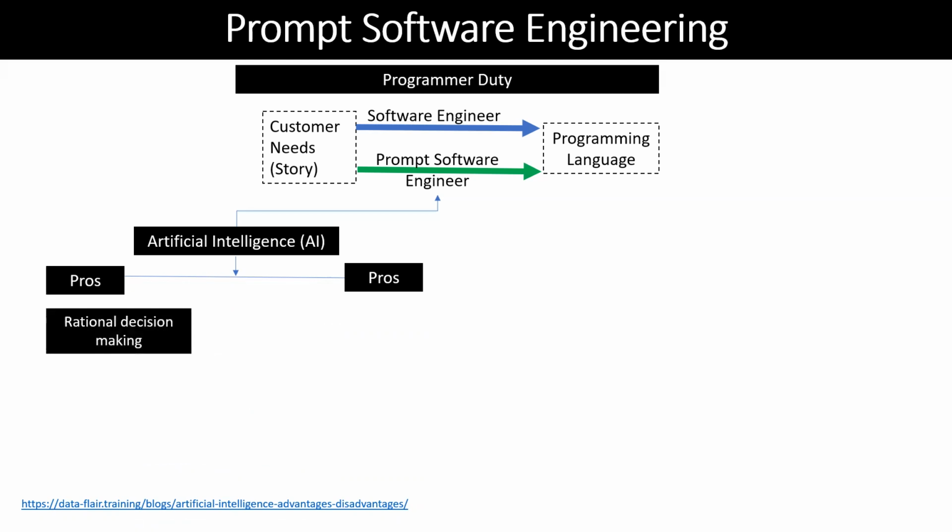Among the advantages of artificial intelligence is rational decision making. And this is exactly the way software engineers do their work. Converting code has to be done rationally and not randomly.